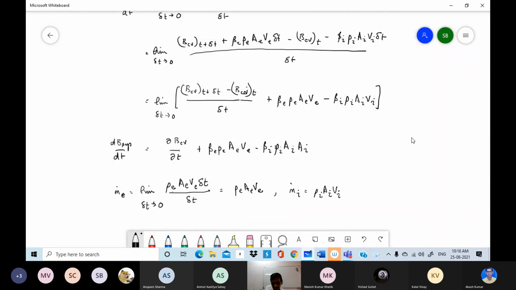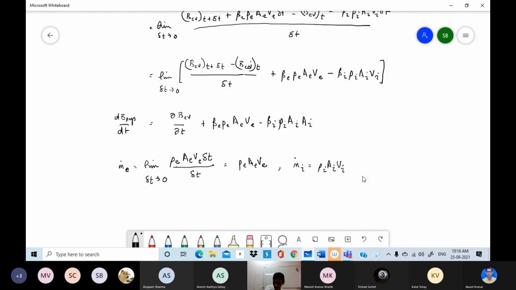So mi dot is also by definition a positive quantity. So this quantity here is the same as this, which is me dot, and this is the same as this, which is mi dot.